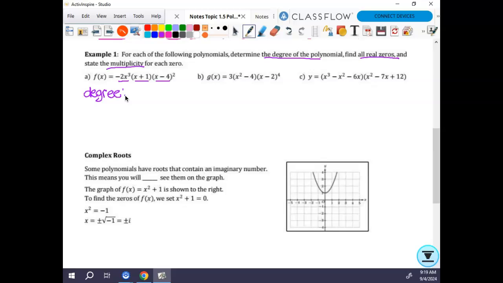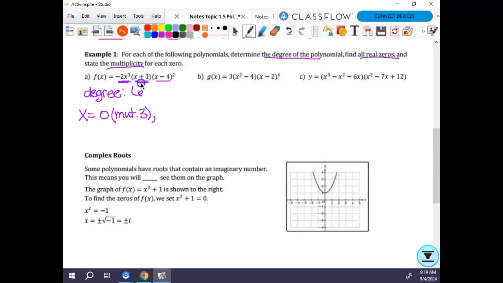Well, when I square this, I get x squared, right? Times x gives me what? X cubed. X cubed times x cubed is x to the 6. The degree is 6. Then I've got to have my zeros. X equals. Well, what is this? 0. And it has a multiplicity of what? 3.